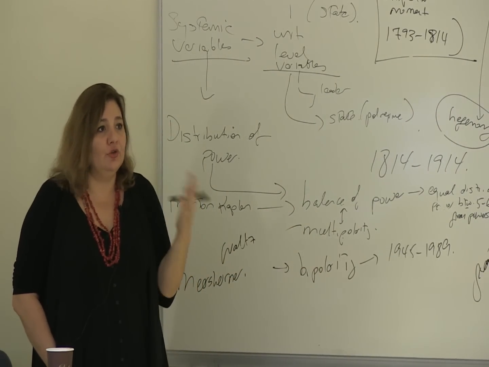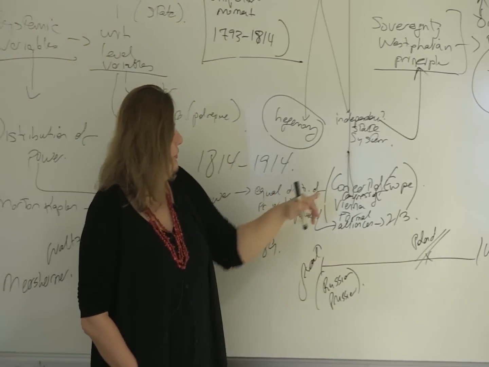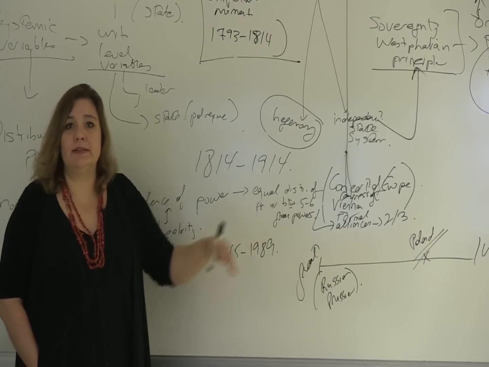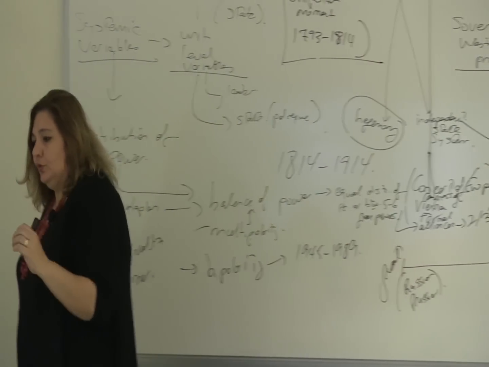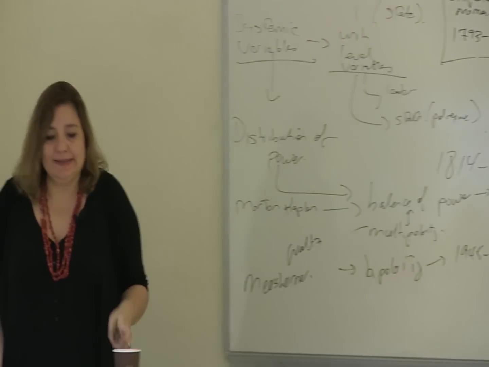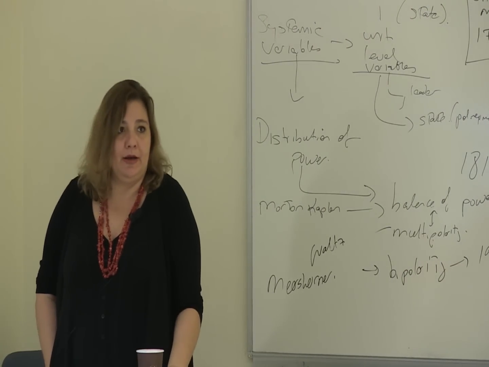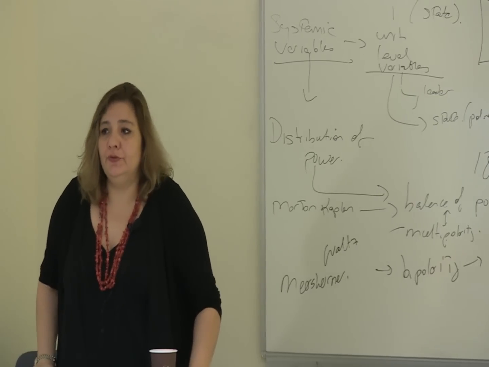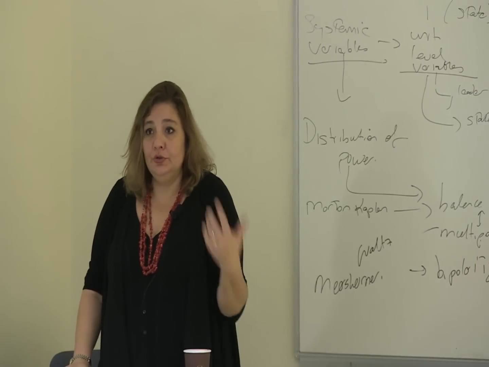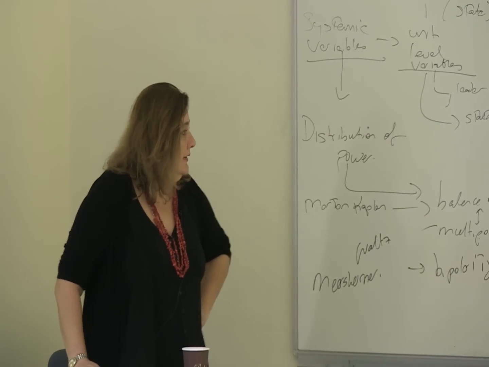Okay? They use different terms to define basically an equal distribution of power between 5 to 6 great powers. A very critical rule within that specific system is you do not eliminate one of the great powers. Okay? So the great powers have to survive in order not to change the balance.